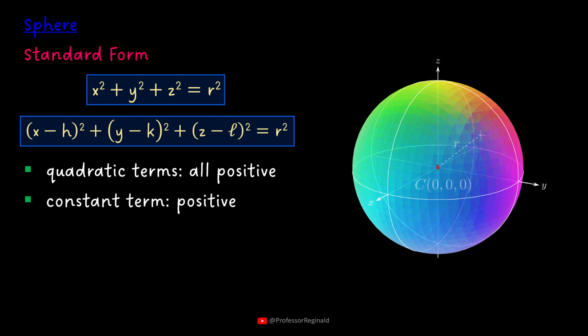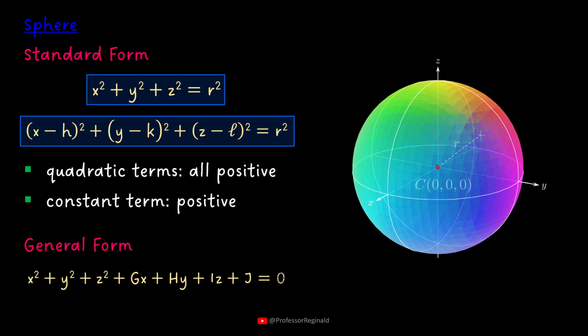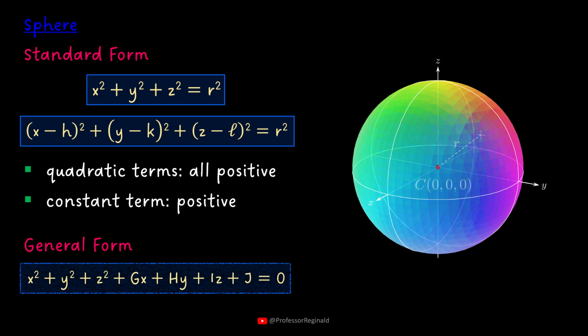The equation of a sphere can also be written in general form. It has quadratic terms in each variable. The linear terms and the constant term may or may not appear depending on the center of the sphere.